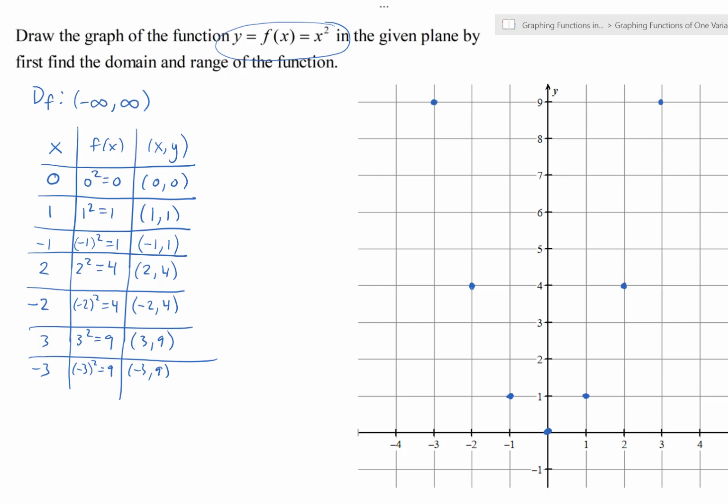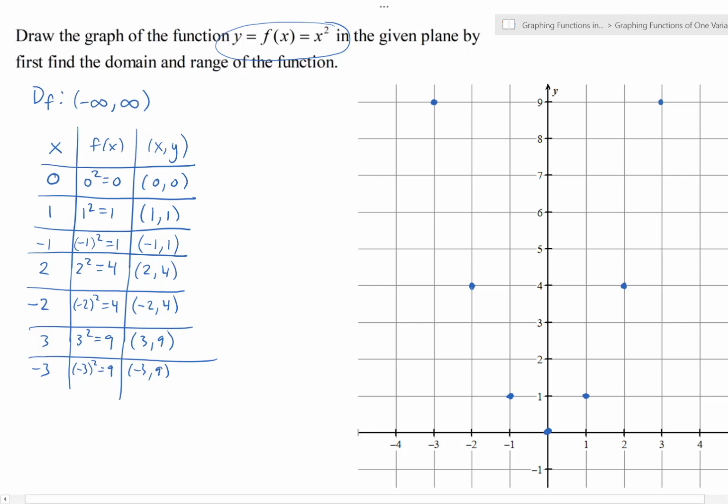And likewise, because negative and positive numbers, when squared, both result in a positive number, as x gets bigger in magnitude towards negative infinity, we're going to behave the same way, and that is we're going to grow in output value. And now we're going to attempt to draw in what this would look like. You can see that as the x values get larger in magnitude, this grows faster and faster.